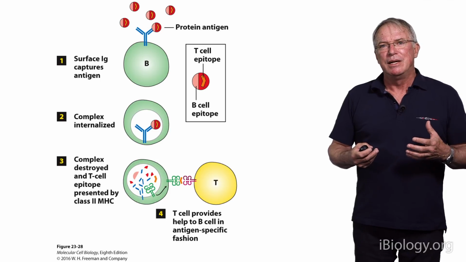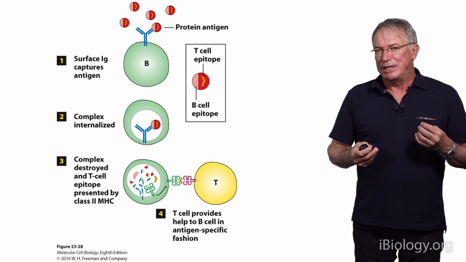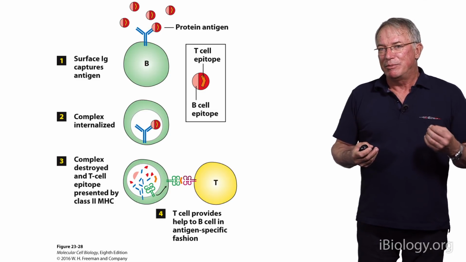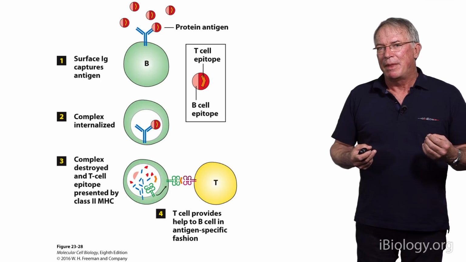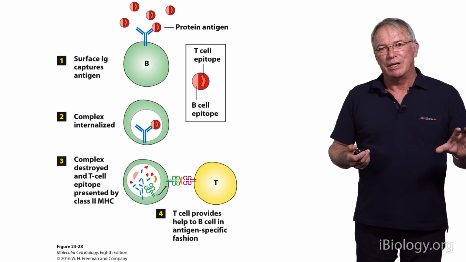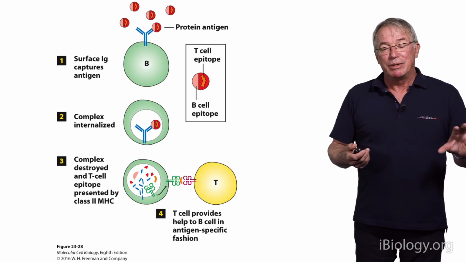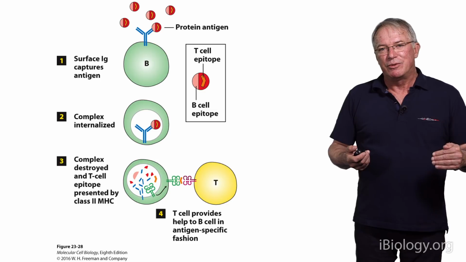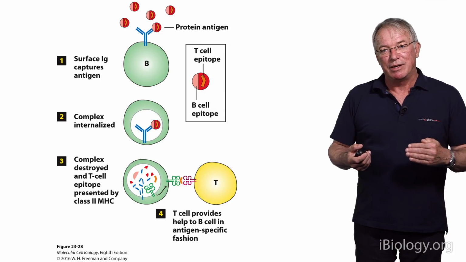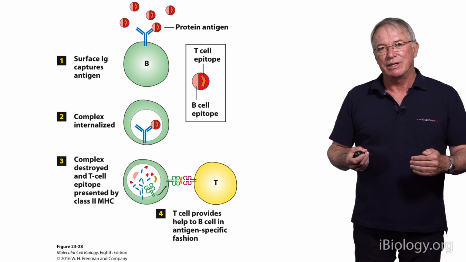It does so by virtue of what we call an epitope. This is a structural feature of the antigen itself that can be seen by the B cell receptor. Now, B cells can internalize the B cell receptor when complexed with antigen, and by the same mechanism that I've just described, proteolytic activity will chop up the foreign protein into short peptide fragments, which are bound by these MHC products and presented on the surface of the B lymphocyte.